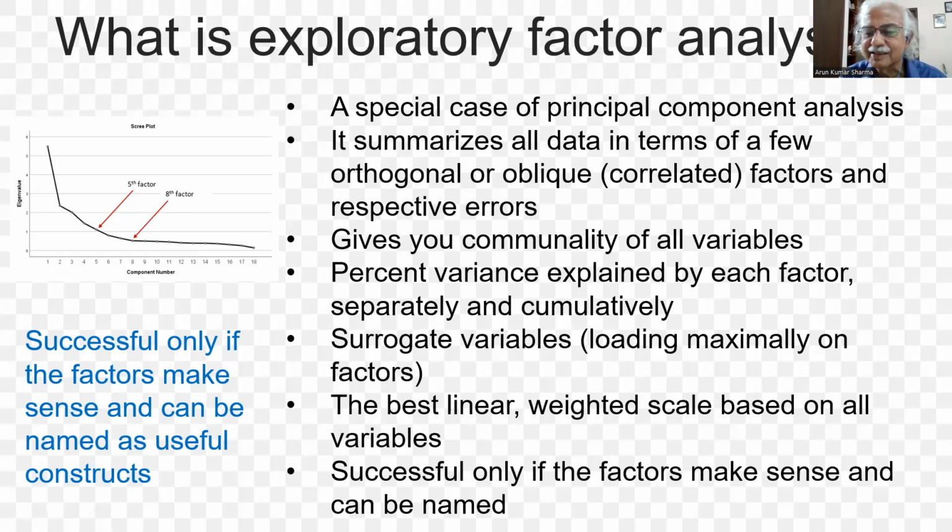That's an interesting indicator. Then percent variance explained by each factor separately and cumulatively. You can also identify surrogate variables which have the highest correlation with a factor. So later on, you can just replace factors by surrogate variables and say that what the analysis of 100 variables could achieve, now the analysis of 4 or 5 variables alone can achieve the same.